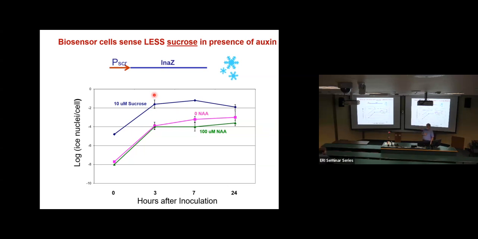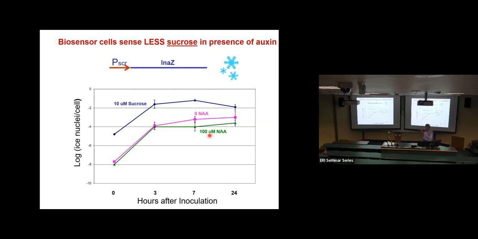In this case, we made a biological sensor for sucrose, where we took a sucrose responsive promoter and drove a promoterless ice nucleation gene, and then asked how many ice nuclei could be made in the presence of sucrose. The thinking was that if we compared a normal plant, in the purple, with a plant where we had extra auxin applied, there ought to be more sucrose available because the auxin was going to somehow make nutrients like sucrose more available.